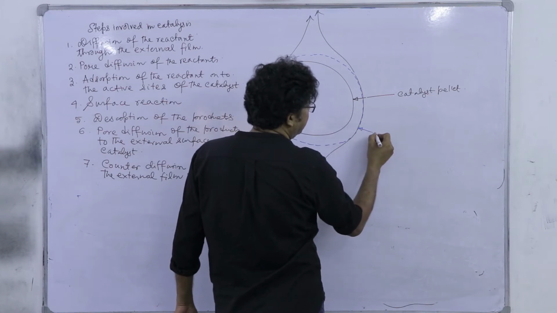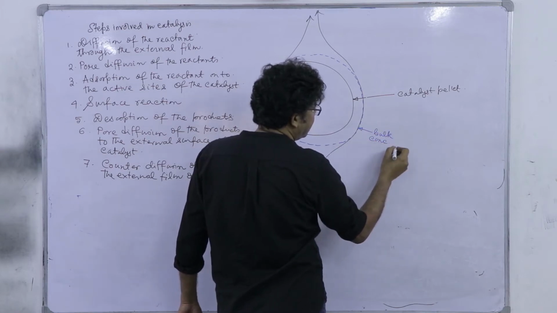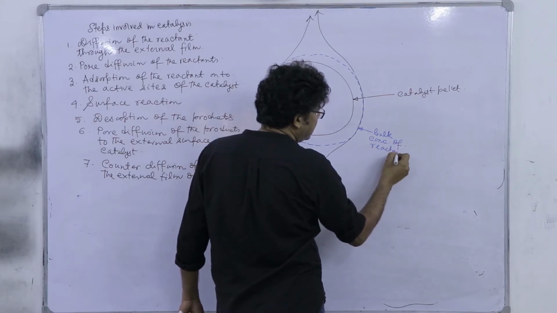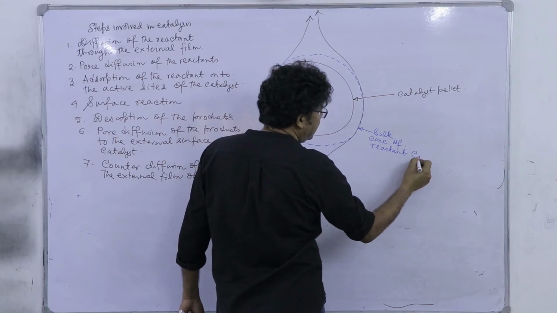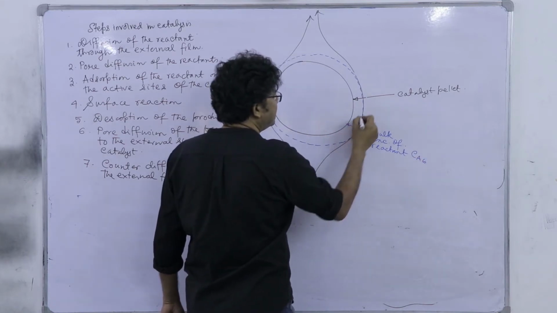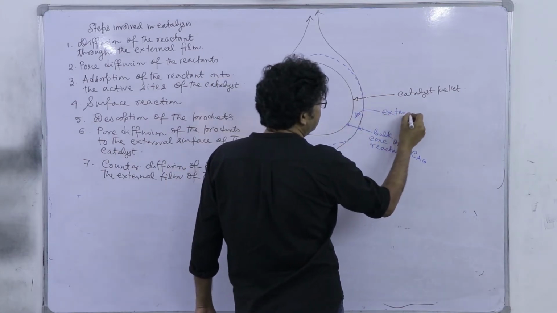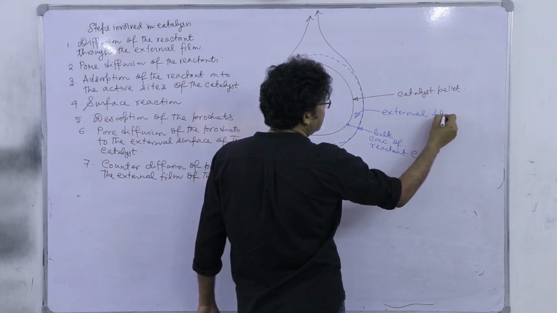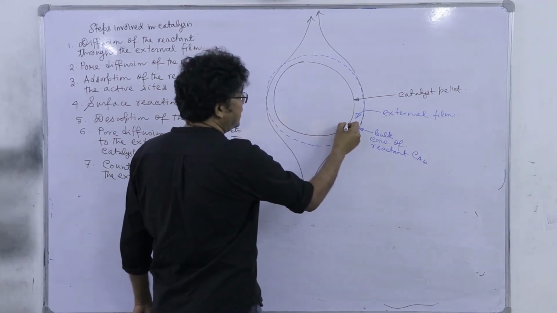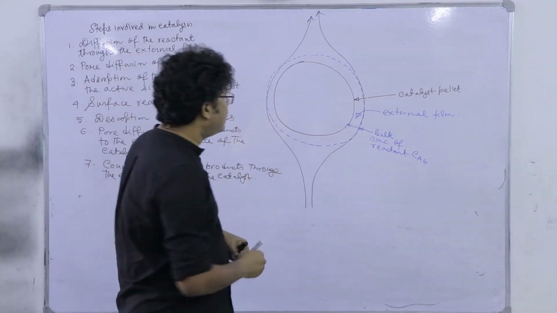At this surface, the bulk concentration of reactant is C A B. It diffuses to the surface through the external film. A driving force is required, so the concentration will drop.